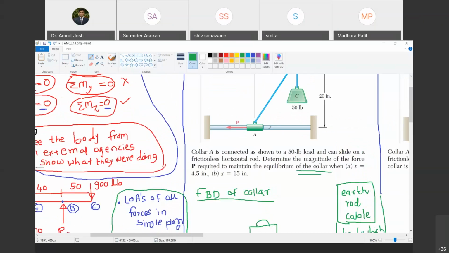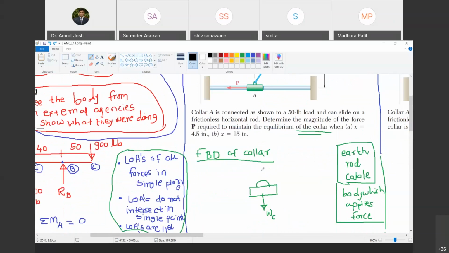The rod is frictionless, so the rod cannot apply any force in this direction. It is not possible. Do you agree with me? Yes, the rod can apply only normal force, and normal to the rod is vertical here. Are you with me? Yes, sir. So what is the reaction provided by the rod on the collar?